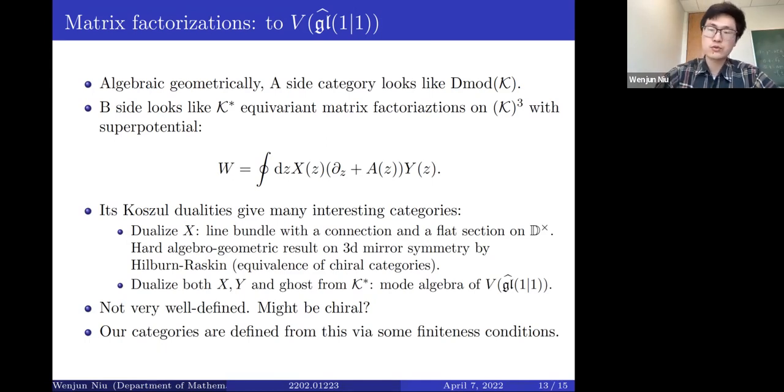Similarly, there is a restriction on the A side that gives us this beta gamma category that we consider. And by restricting to this smaller category, by giving these finiteness conditions, it allows fusion and braiding.